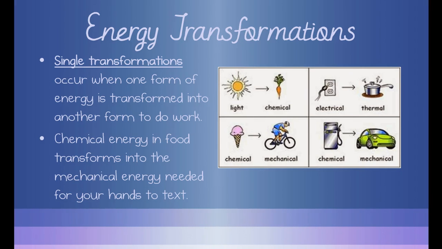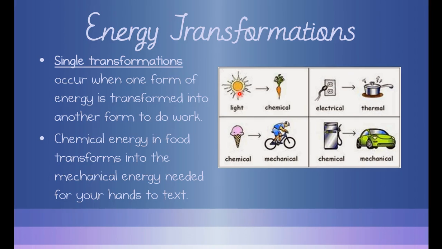So we've got different types of transformations. The first is just a single transformation. This is just when one form of energy is transformed into another to do work. For instance, visible light energy from the sun is used by the plants. They transform that light energy into chemical energy, and then we eat the carrot and we get that chemical energy, and we use it to do our work as humans.